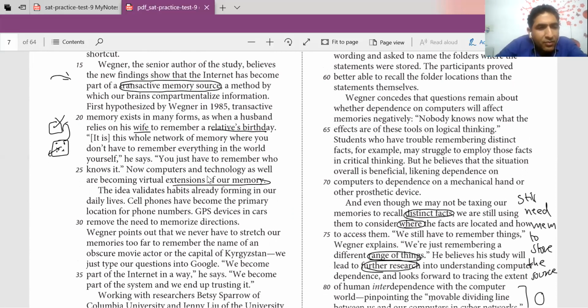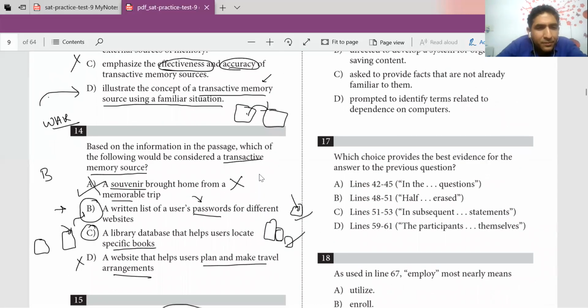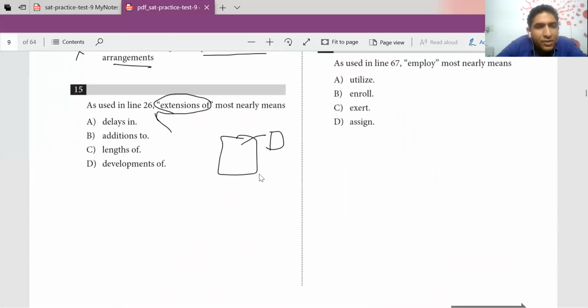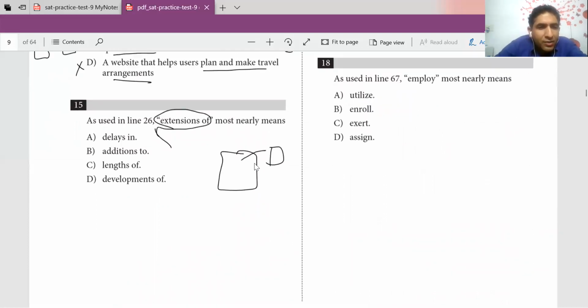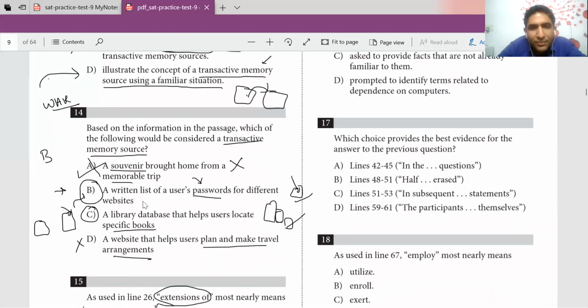So these are becoming virtual extensions of our memory, means they are also storing information in addition to our own brain. So what was the question? Extensions of means delays in, not really. Additions to, maybe. Lengths of, no. Development of, no. The answer would be addition to our memory. So extension of, like we are using it as an additional source.